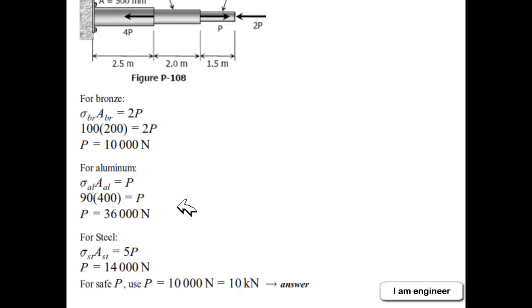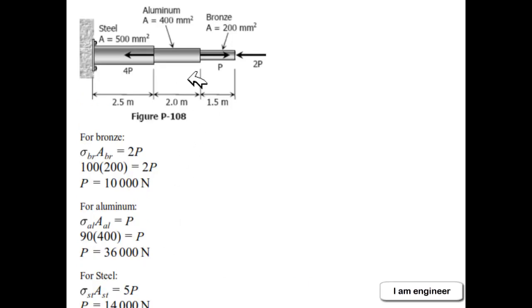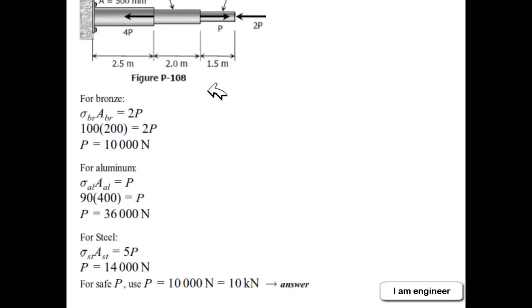Now from all of these, which one do you want to select? The basic idea is, when you apply all these loads in real life, you know that bronze can support 10,000 Newton, aluminum can support 36,000 Newton, and steel can support 14,000 Newton.